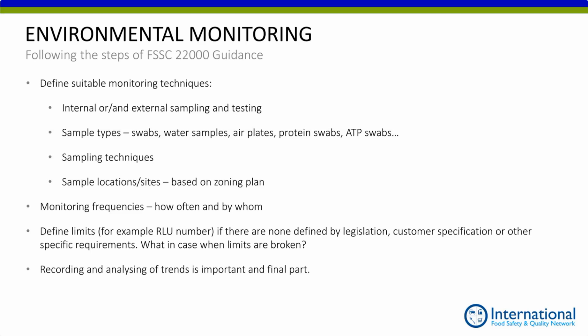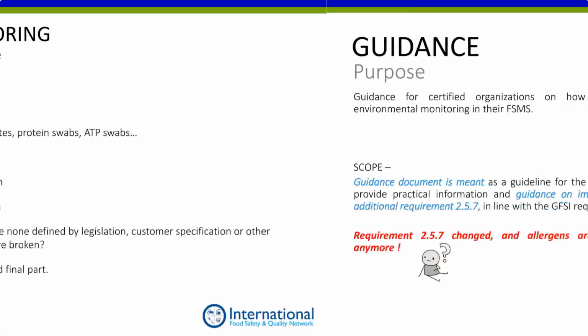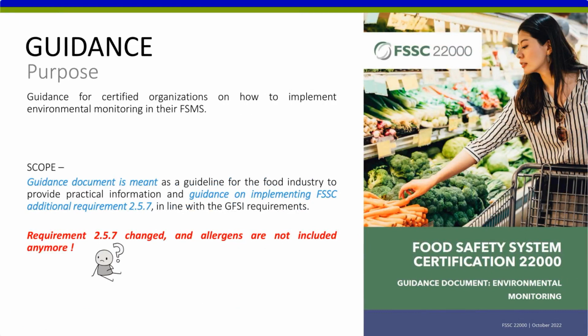And at the end, you have, of course, the recording and analyzing of trends, which is an important and final part. This will help you develop your environmental monitoring program even more and go into more details and really understand your production facility or your manufacturing environment.